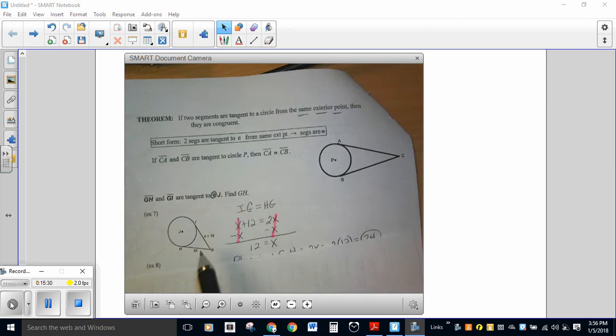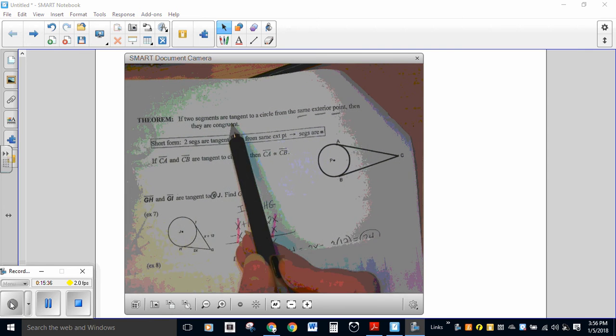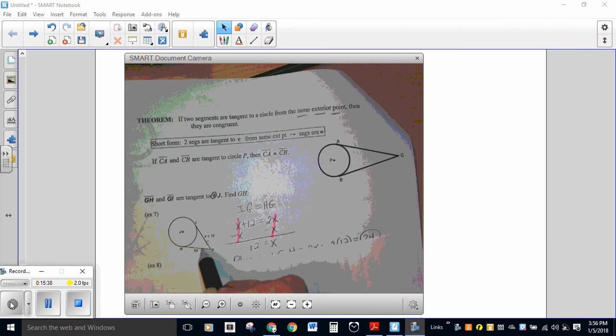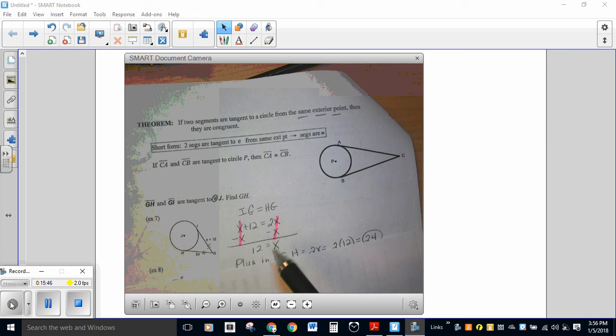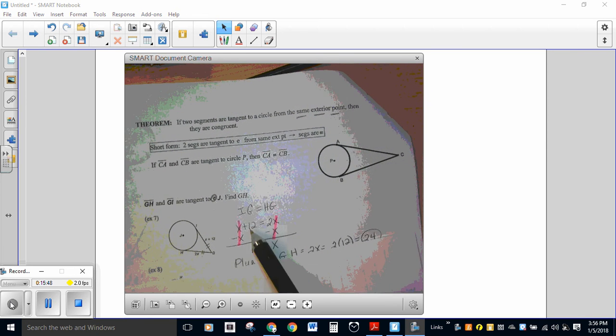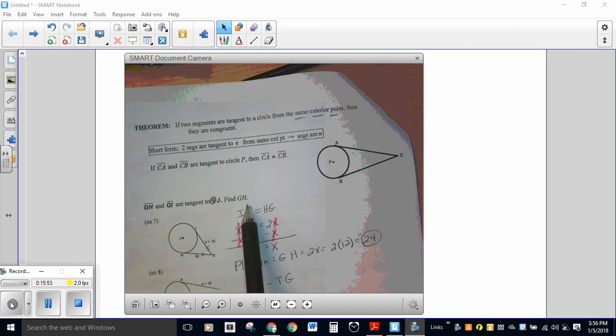Because we have this theorem up here, I know that this is congruent to this because they're two tangents to the same point outside the circle. So x plus 12 is equal to 2x. When I solve, I subtract x from both sides, so I get 12 equals x. And so I'm done, but I'm not done with the problem because it says find the length of GH. GH is 2x, so we say 2 times 12 and we get 24.